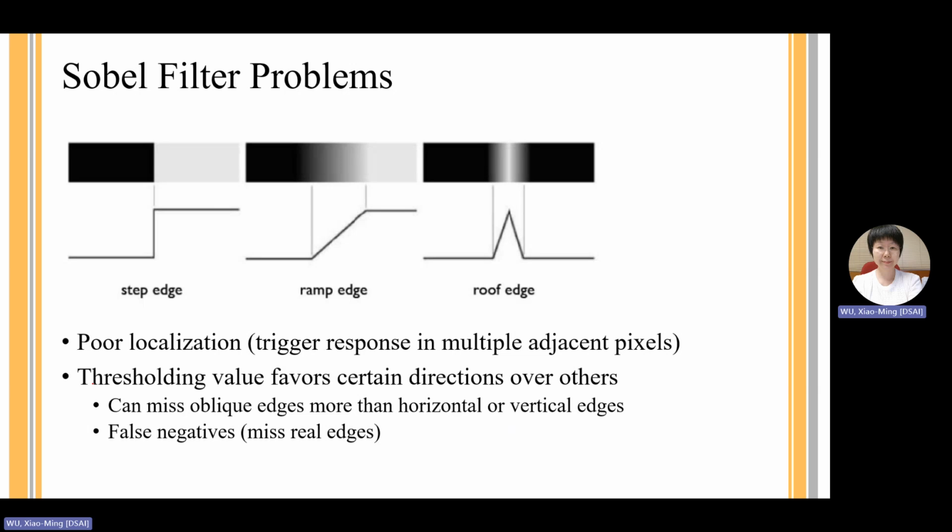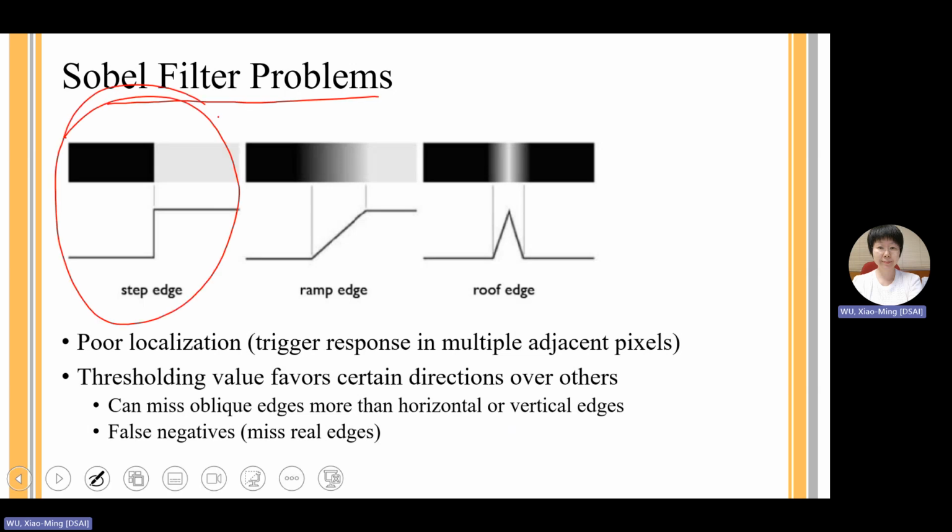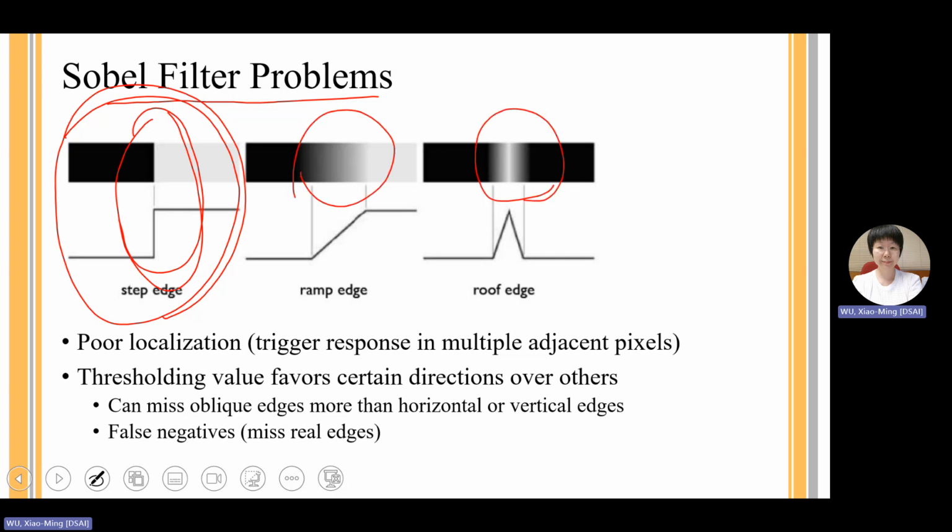Well, first of all, we can see that the Sobel filter tends to work in this case. You know, when there's a step edge, in this case, such an edge can be detected using a threshold, right? But what about edges like this and edges like this? The edge values change gradually instead of abruptly.